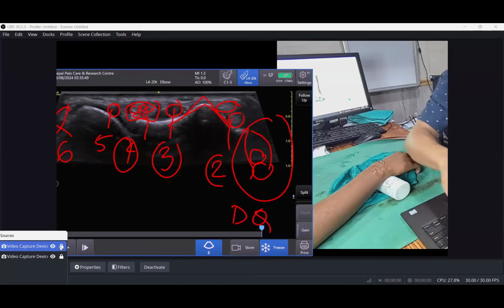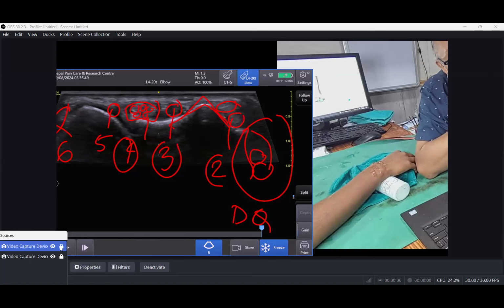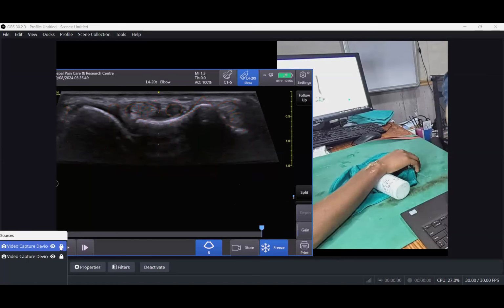So this is how you identify the various compartments. But for clinical significance, compartment number 1 is the most important, followed by compartments number 2 and 3, where there is intersection syndrome, which I will not be discussing right now. In the advanced class, this will be demonstrated.